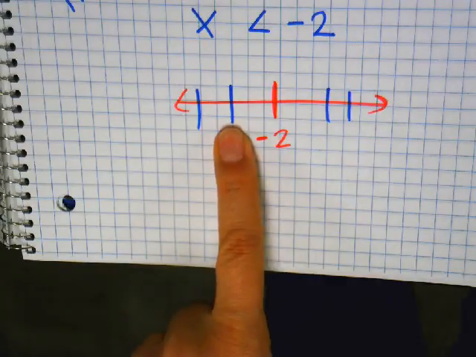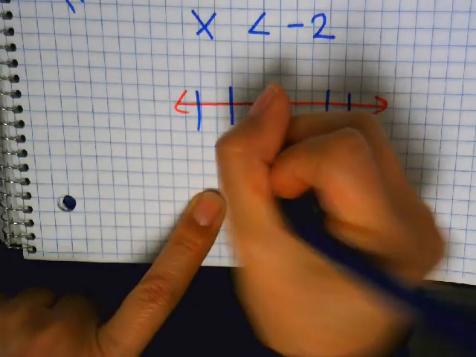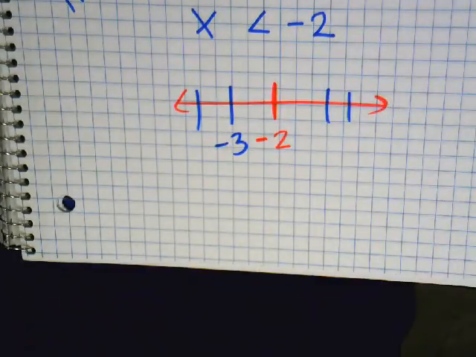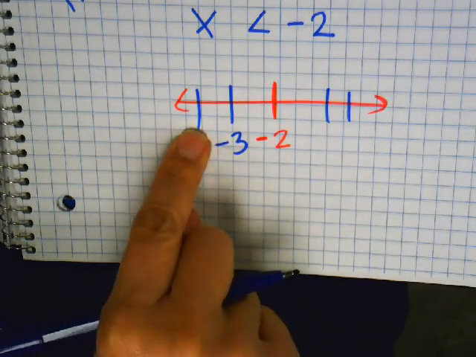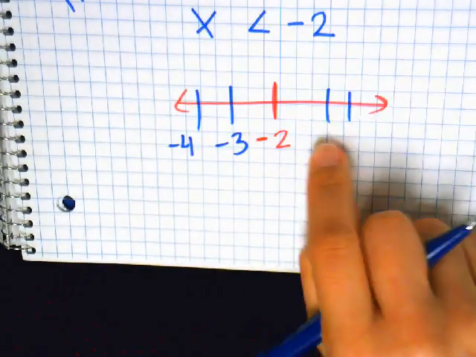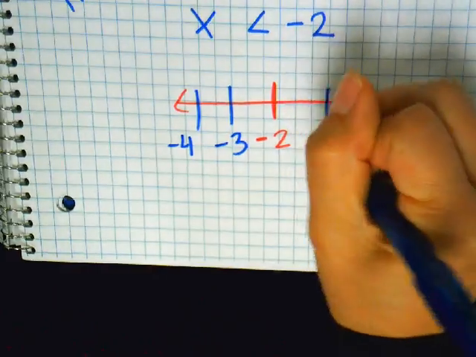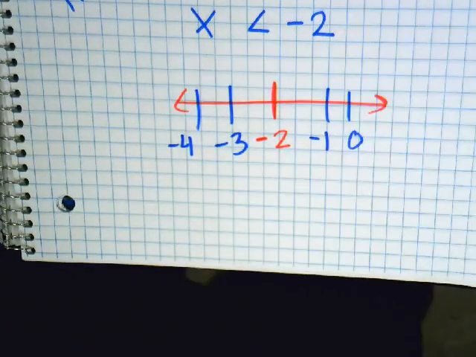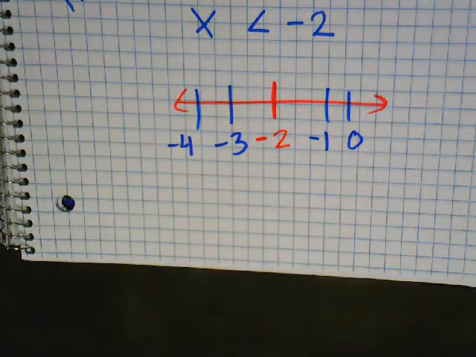Negative 3. What number is that one? Negative 4. And that one? Negative 1. And what makes this hard is your number line. What do kids do? They flip it. They put these numbers over here. So be very careful. In negative land, everything is backwards.